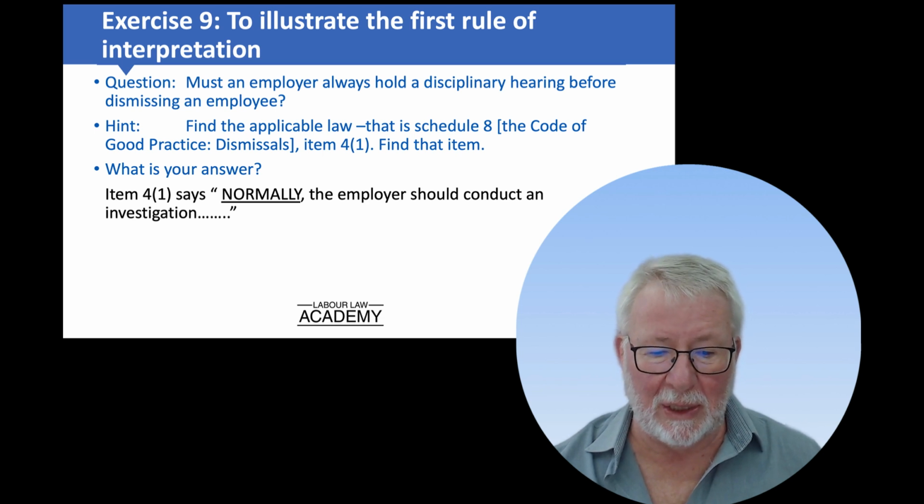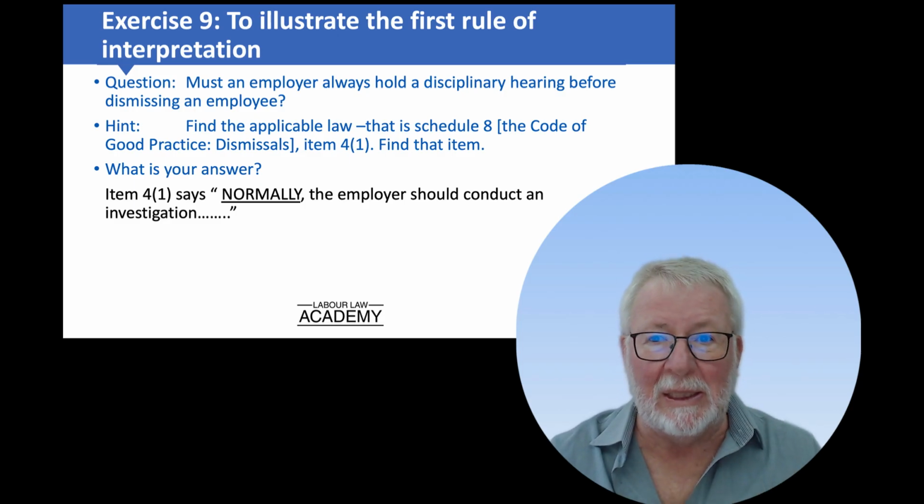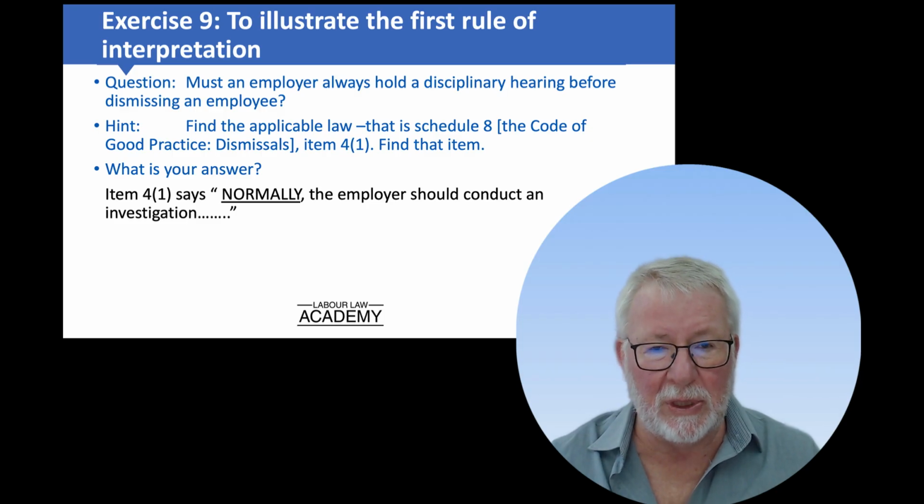Well, the answer is Item 4.1 says normally the employer should conduct an investigation. Now, a little bit of explanation here as well, because I said to you, must an employer always hold a disciplinary hearing? Well, the first thing is the Code of Good Practice doesn't refer to a disciplinary hearing as a disciplinary hearing.